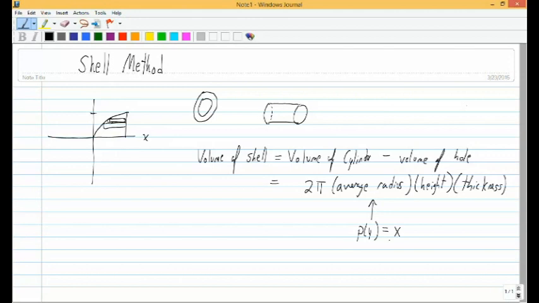Unless there's some missing space where you wouldn't have a shell, then it's just the variable x.